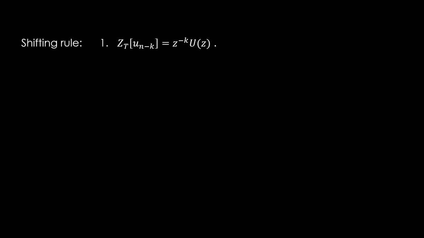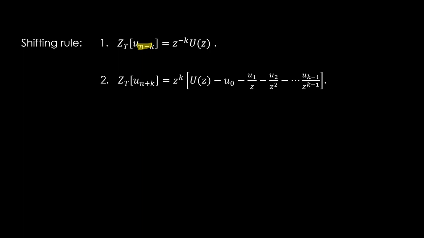Next is shifting rule. Z transform of u(n minus k) is equal to z to the power minus k into U of z. And z transform of u(n plus k) is equal to z to the power k into U of z minus u0 minus u1 by z minus u2 by z square, and so on.